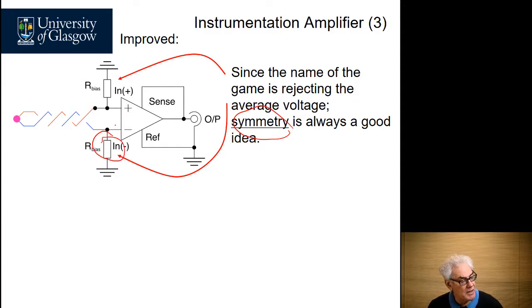Here we've incorporated two resistors to supply the bias currents to each, which means that from a thermocouple standpoint, the inputs at both in plus and in minus look identical electrically. And it has a relatively high resistance to the ground, which is what we want.